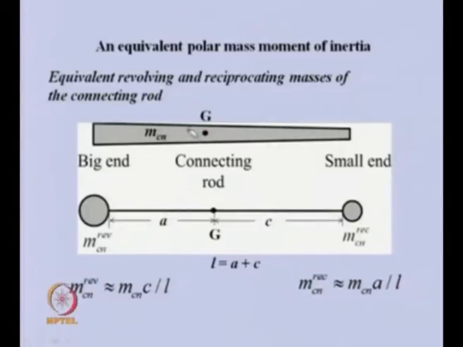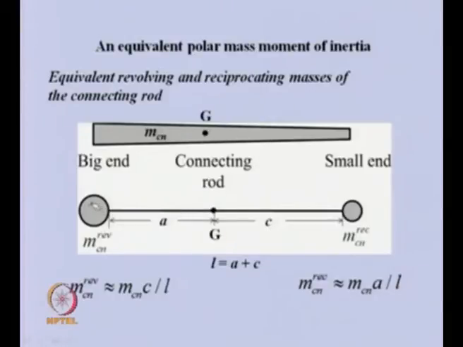We would like to convert this connecting rod to a 2 mass system, where the big end is connected to the crank and the small end to the piston. So, we convert this system to a 2 mass equivalent dynamic system.